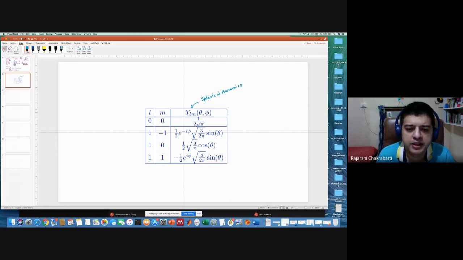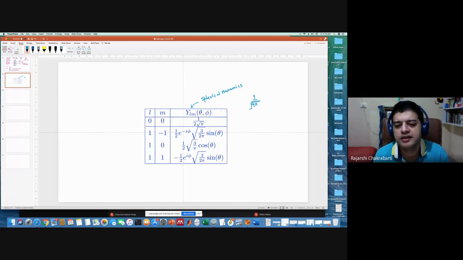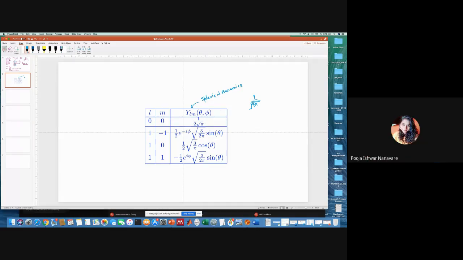What is the value of spherical harmonic when m is 0 and l is 0? Remember, I had done this, 1 over 4 pi. You remember? This is exactly what it is. And this is for which orbital? Tell me. For s, which orbital has l as 0? S orbital.